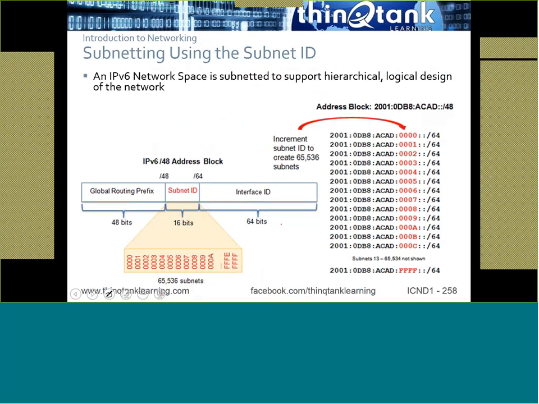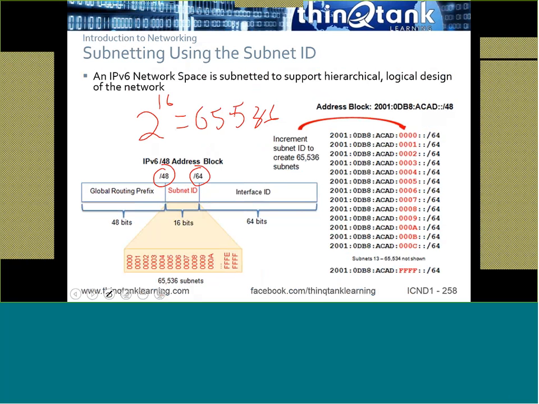We can subnet in IPv6 as well. We've already talked about this concept. We talked about how a company might get a /48, and they're going to subnet down to a /64. Based on the math, how many subnets is that? Well, I borrowed 16 bits, which means 65,536 subnets.